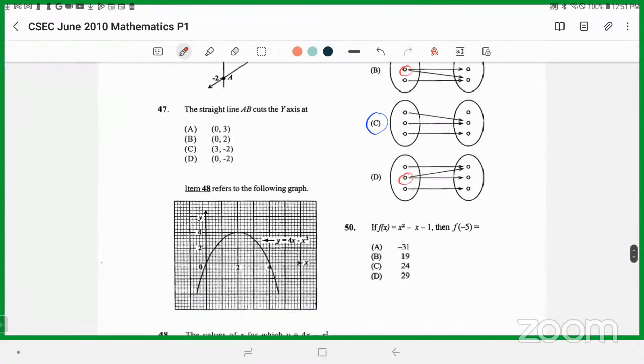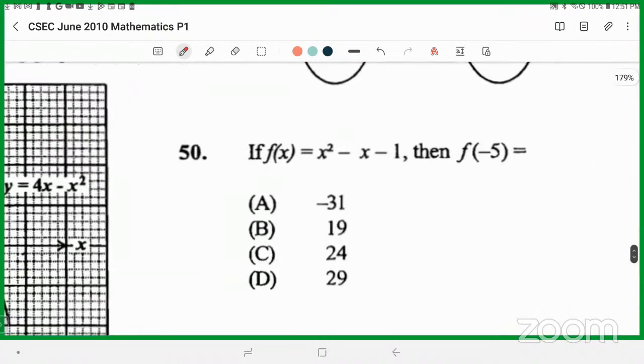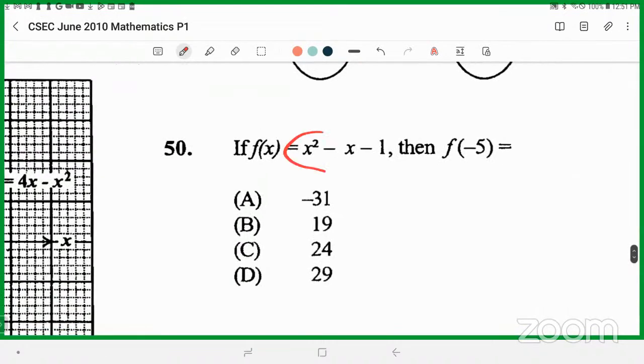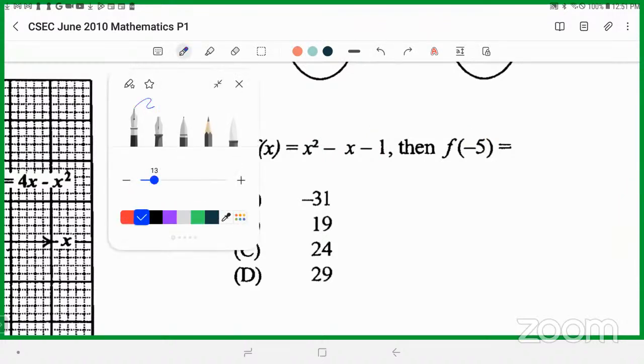All right, let's look at this one. This is a functions question. They give us f of x is that, and I want f of -5. Easy, substitute -5 here and there. And be careful with the negative signs. This question is about being careful with the negative sign. Let's work it out.